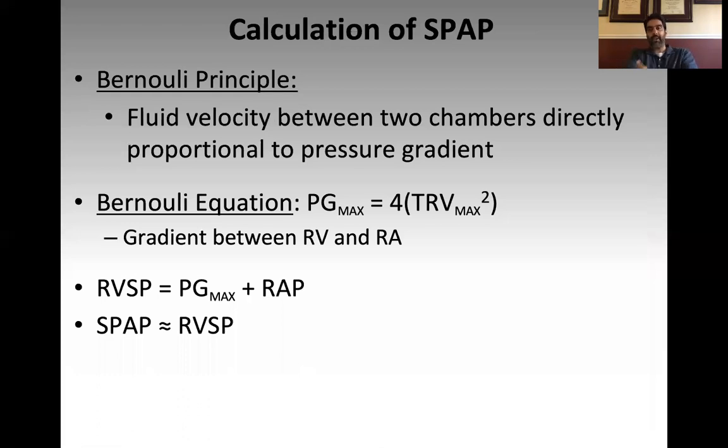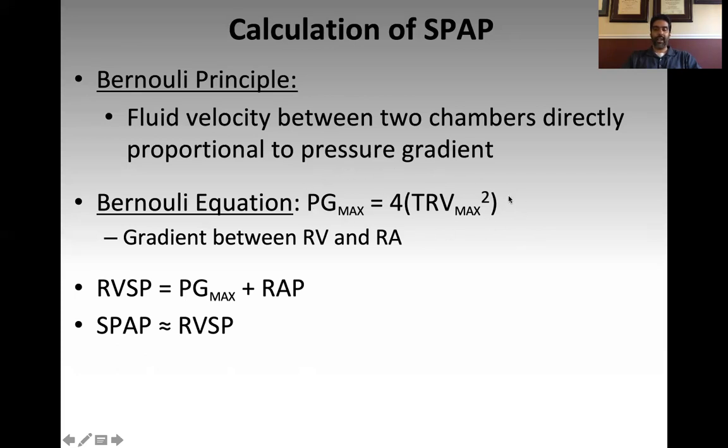The Bernoulli equation is based on the Bernoulli principle, which explains the movement of fluid between two chambers. It explains that the movement of fluid between two chambers is directly proportional to the pressure gradient between those two chambers. So if you know the velocity of a fluid moving from one chamber to another, you can calculate, using the Bernoulli equation, the pressure gradient between the two. Now, this is a very simplified version of the Bernoulli equation.